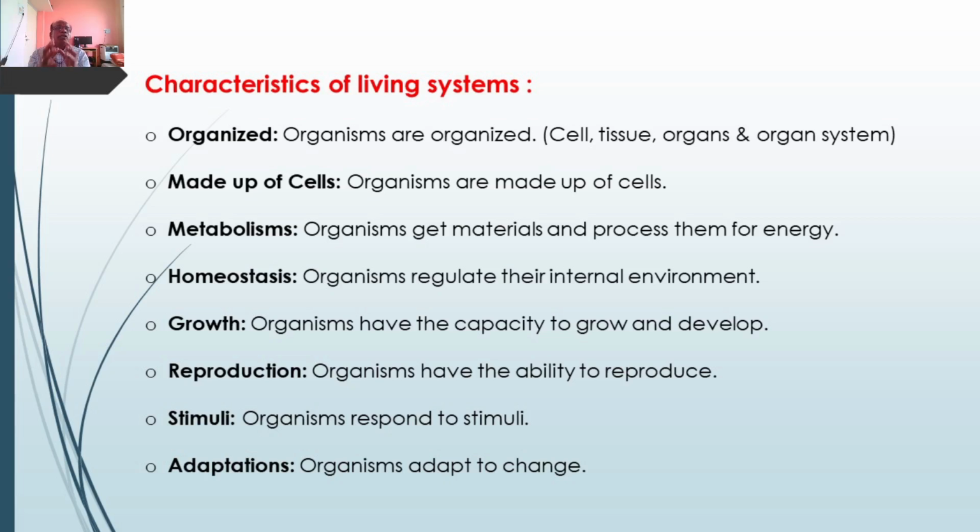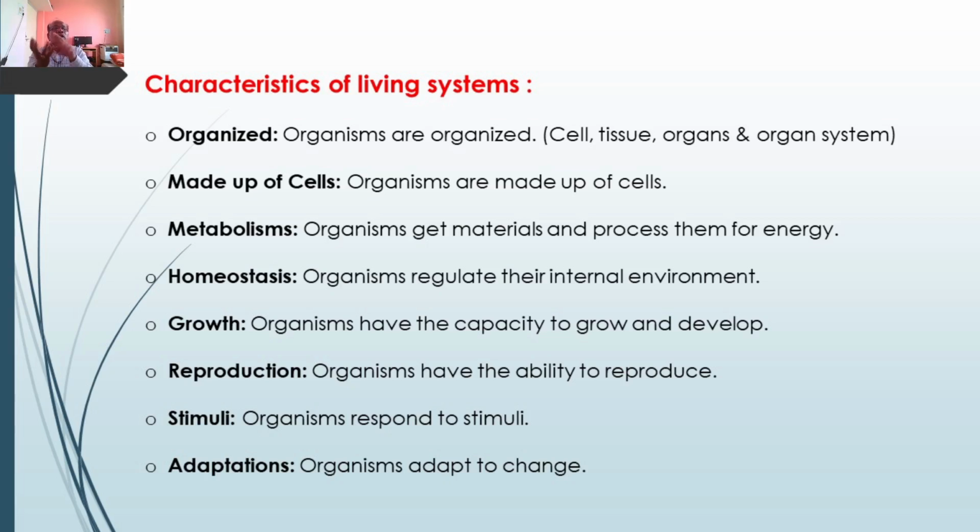So living systems, they are having important characteristics, that is adaptations or the modifications in them as per the changes taking place in the surrounding environment or in the internal environment or in the body.